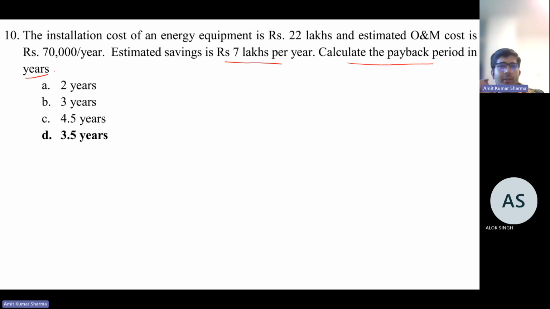Basically, you have been given the operation and maintenance cost per year, and savings also per year.